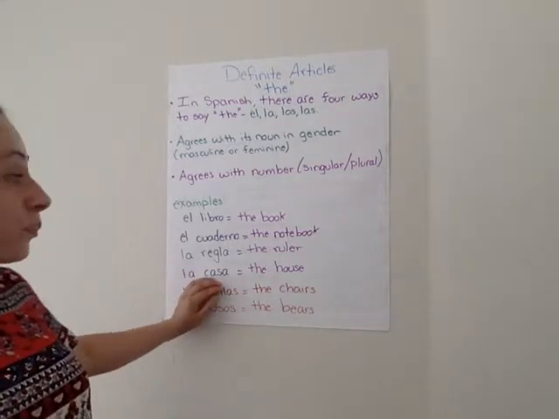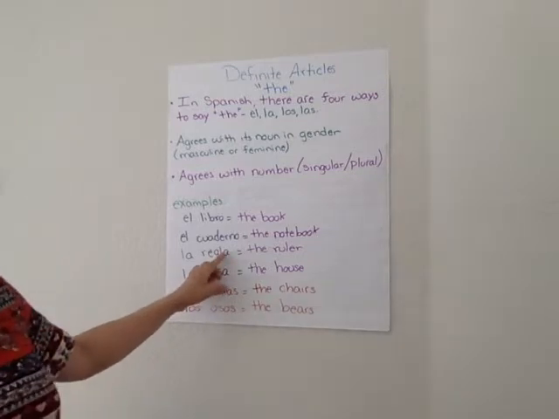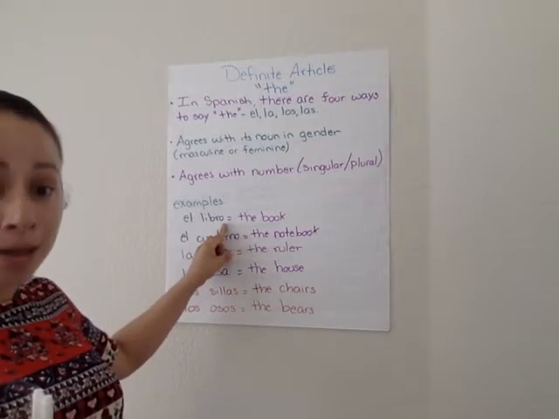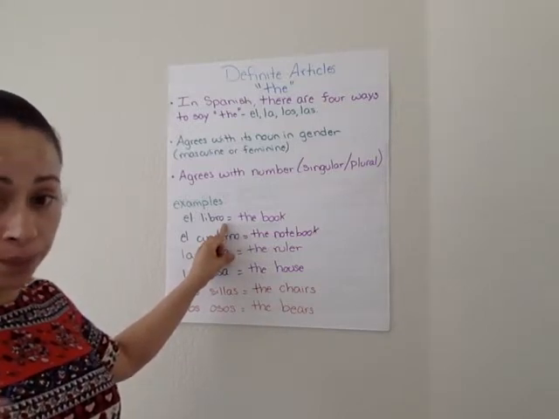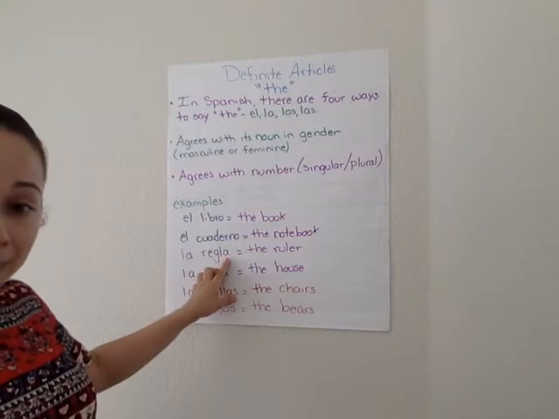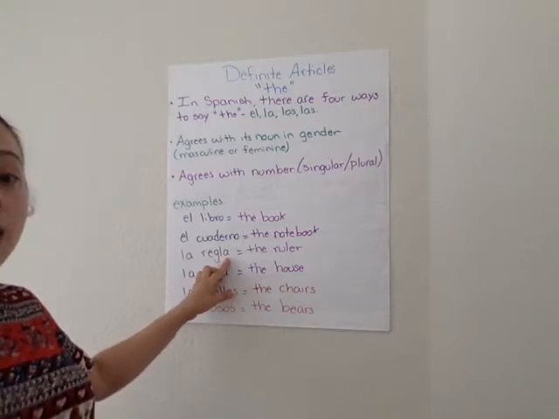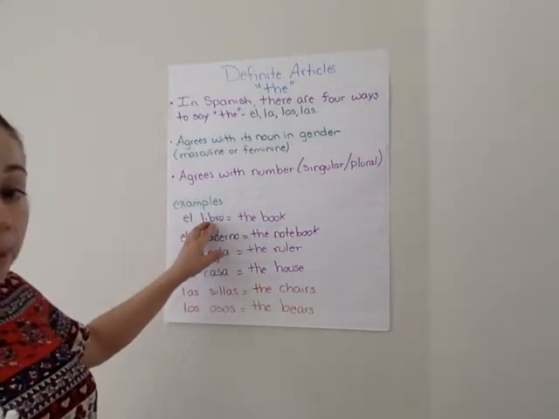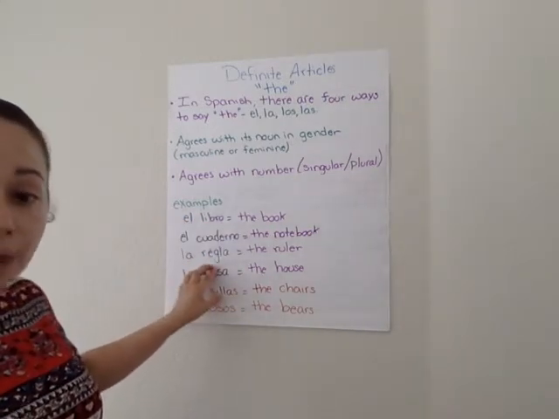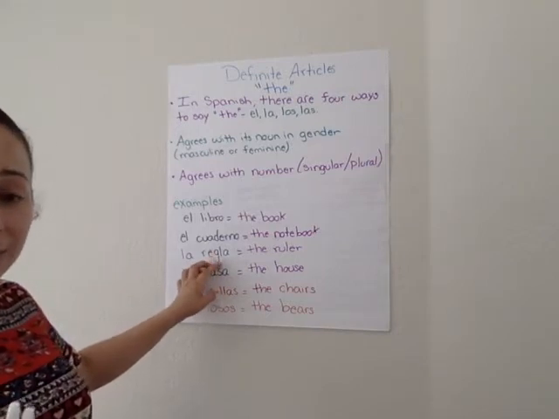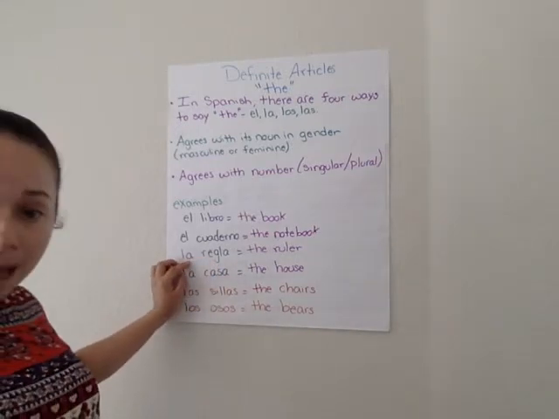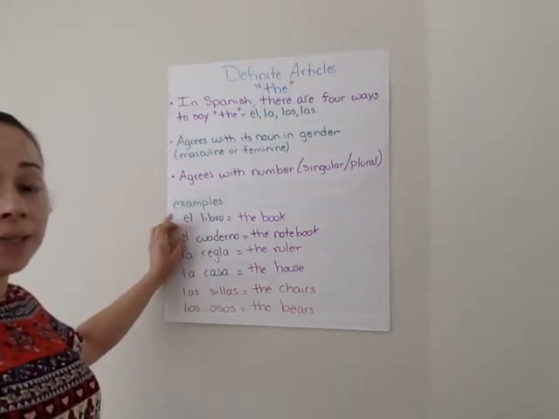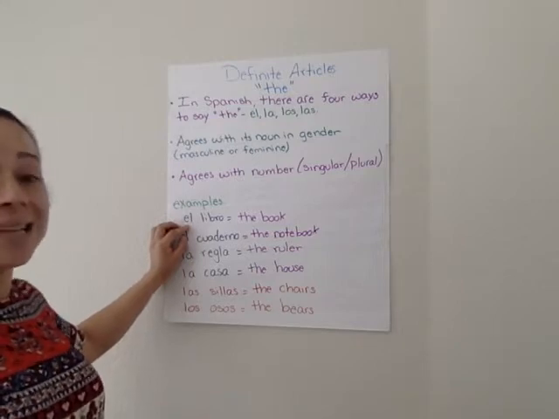So keep in mind, if your noun in Spanish ends with an O, it's considered masculine singular. If it ends with an A, it's considered feminine singular. And the feminine singular definite article is la, and the singular masculine definite article, the, means el.